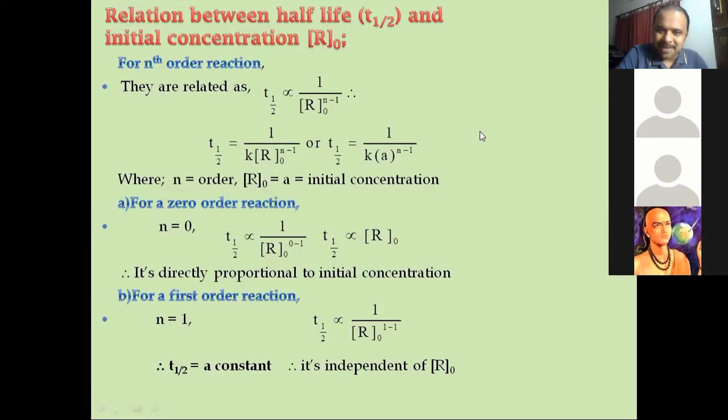Whatever conclusion you have to derive, you can derive only that much. How do you conclude it is first order without doing anything? If half-life plotted against 1 by R naught is not a straight line, it is not a second order. That's all we can say.